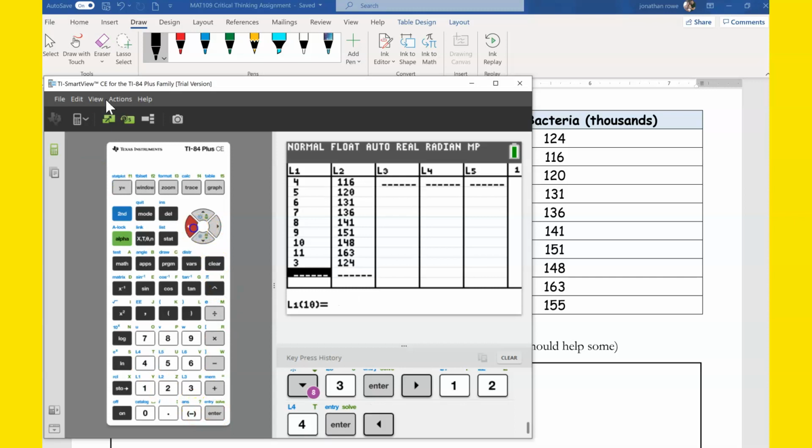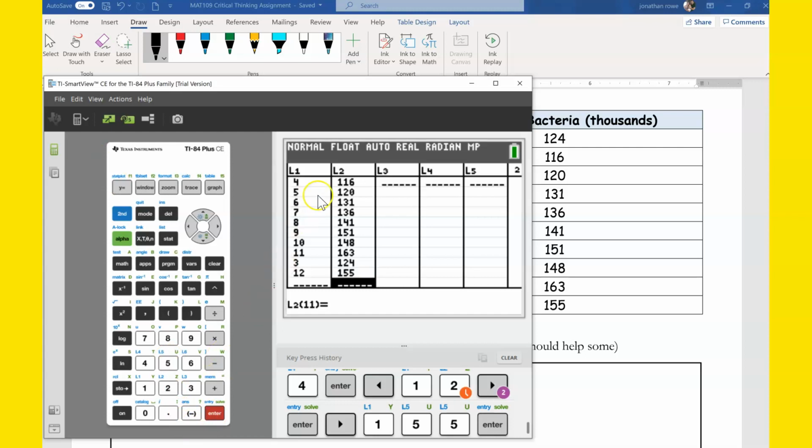And then the other point was 12 for the pH, and it was paired with 155 for the bacteria. And I can just run my least squares regression again.